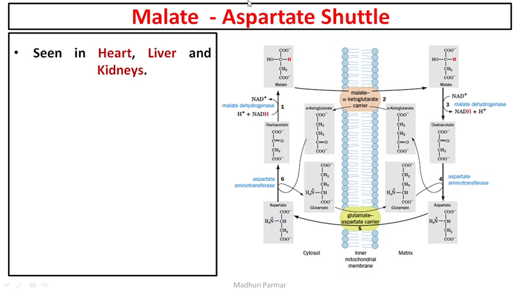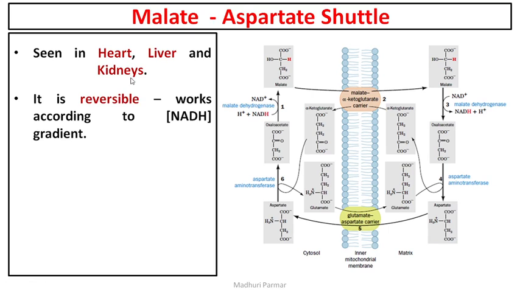Where is this type of shuttle seen? This shuttle, or this pathway, is seen in heart, in liver and in kidneys. So as you can tell from the statement itself, it is seen only in animals. Clear? It is a reversible shuttle. Reversible in the sense that NADH can be transferred from outside the mitochondria to inside, and the opposite is also possible.